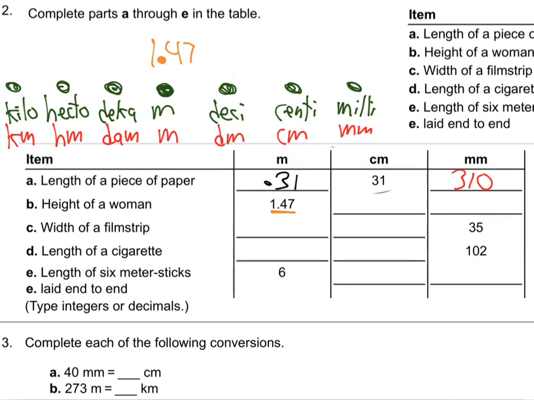How many centimeters tall is she? So if I go from meters to centimeters, that's 2 jumps to the right, isn't it? So I'm going to grab that decimal and go 2 jumps to the right. So 147. You don't even need to show the decimal. The decimal's understood to be at the end.